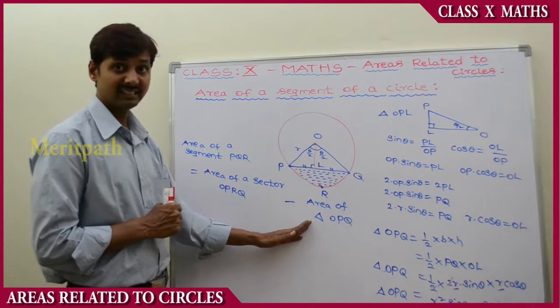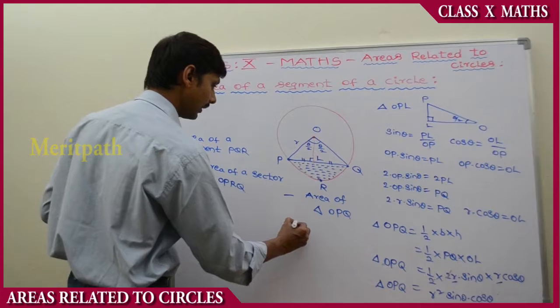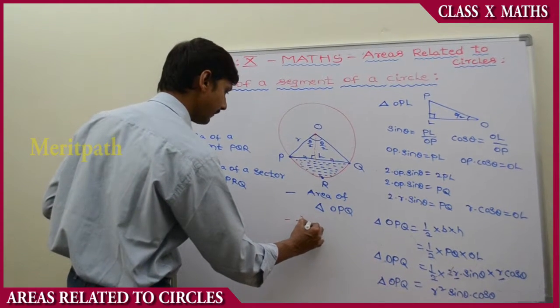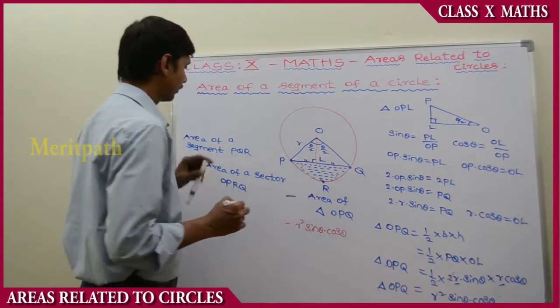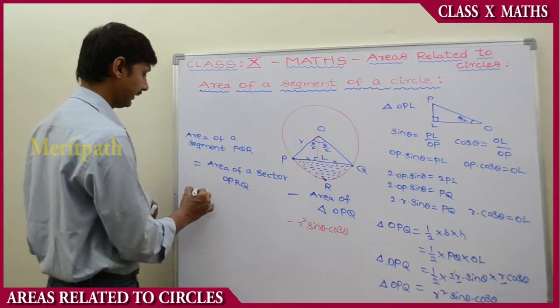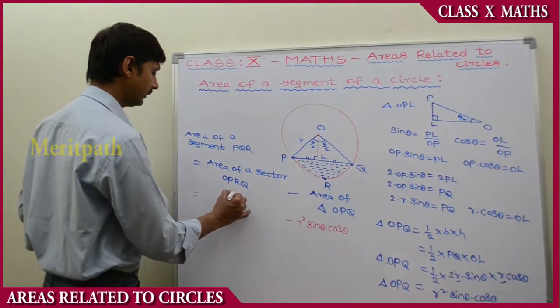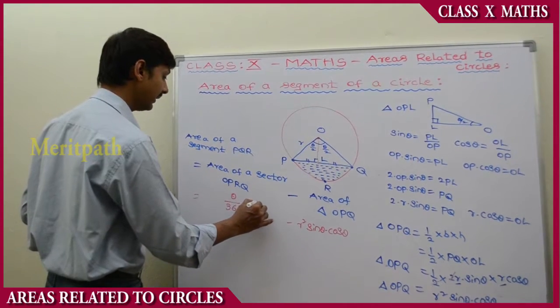So when we got this, let's write it here: R square into sin theta into cos theta. The area of a sector, we know, has a formula: theta by 360 degrees into pi R square.